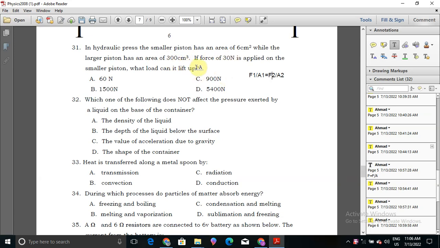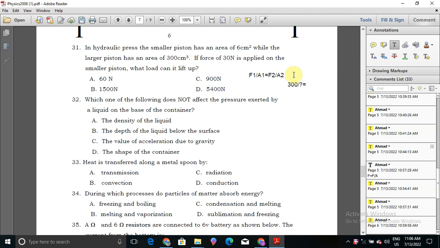And what we have here, if a force of 30 Newton is applied on the smaller piston, what load can it lift up? In place of F2, it will be the larger, which will be 300 centimeter square, over what? We don't know.